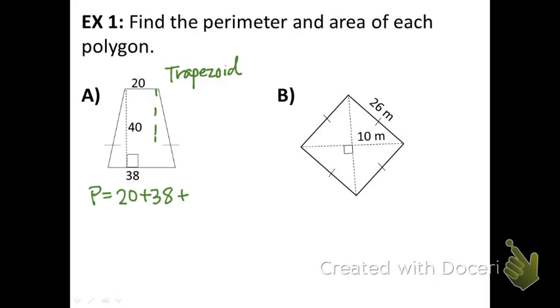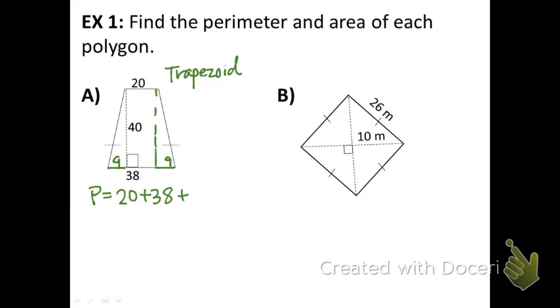If I were to draw this down, we can see that we would create a rectangle right there. And because it's a rectangle, opposite sides are congruent. So we would know that the bottom piece right here is 20. And we also know that the entire base is 38, so if we subtract 38 minus 20, then we get 18. And if we divide that by 2, it gives us those leftover pieces.